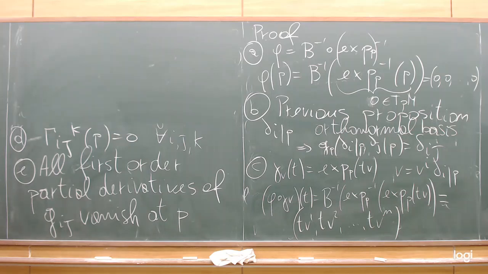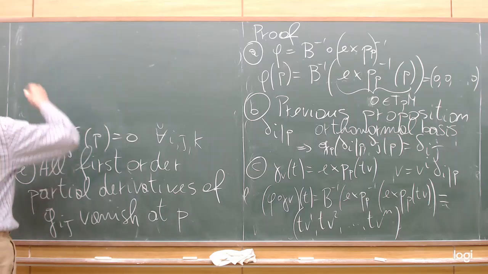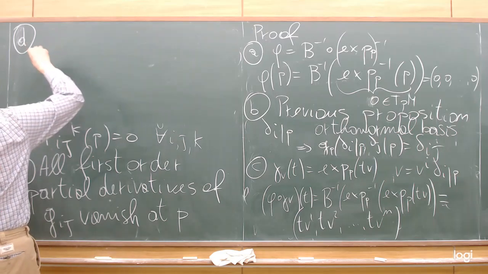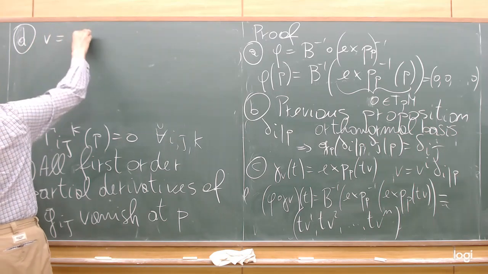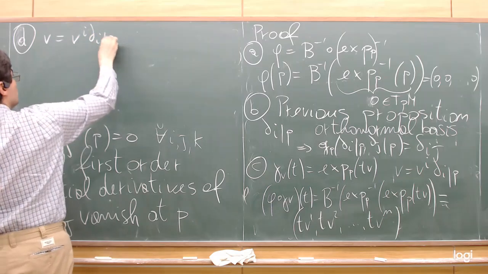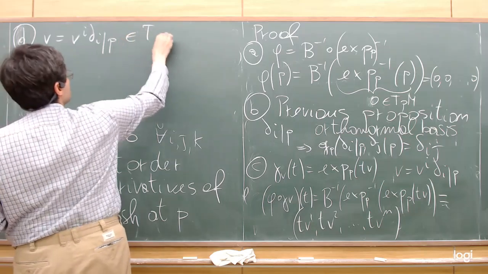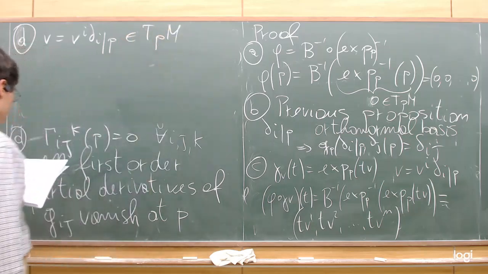Now we have to prove that the Christoffel symbols vanish at P. So let v equal v^i d_i at P, an arbitrary element of T_pM.